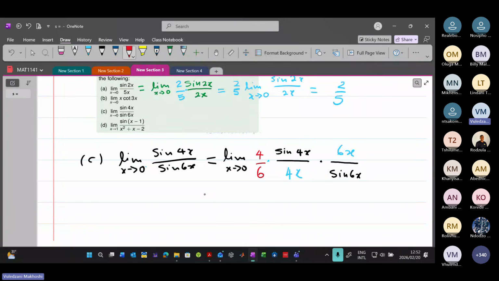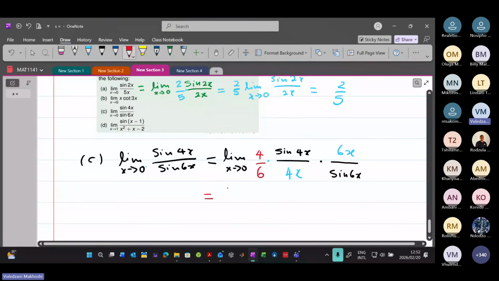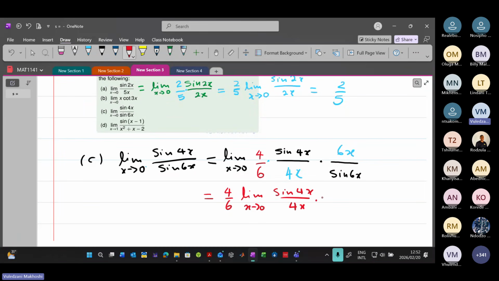Then we just apply the limit laws. 4 over 6 is a constant. The limit as x approaches 0 of sine 4x over 4x, times the limit as x approaches 0 of 6x over sine 6x.